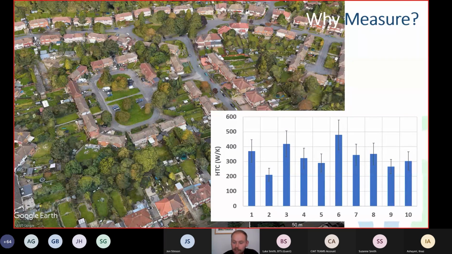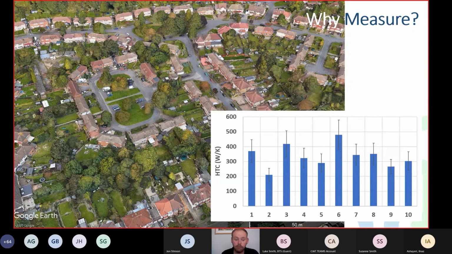If you measured the overall thermal performance, the heat transfer coefficient, if you assessed it via a survey, via an EPC survey, not measure, assess, a visual survey, they would all come out at the same number. But now we've got these 10 identical houses in this graph in the bottom right hand side, and you can see that their actual thermal performance is varying massively. So even if you've got buildings that are seemingly identical, the actual thermal performance is varying quite widely.